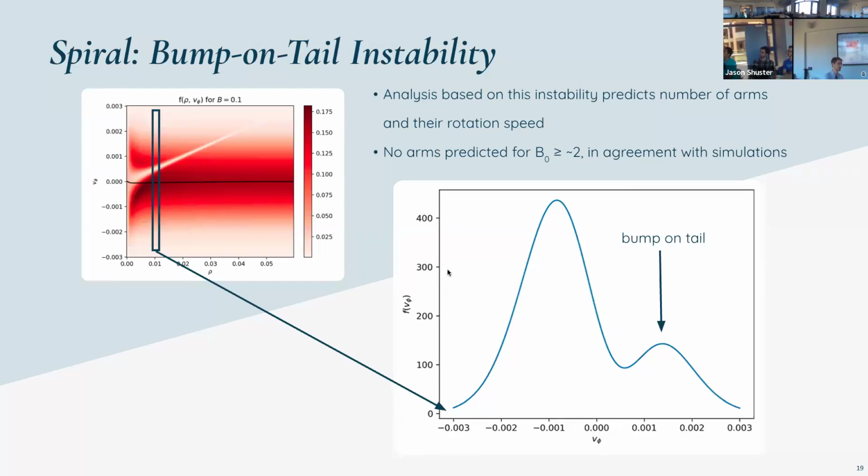And actually, if you do some math with this instability, you can predict the number of arms and the rotation speed of the spiral. And that's useful because if you predict no arms, which turns out happens for B0 of 2 or higher, that implies there is no instability. So that is essentially predicting when we have these unstable modes, and this agrees with the simulations.